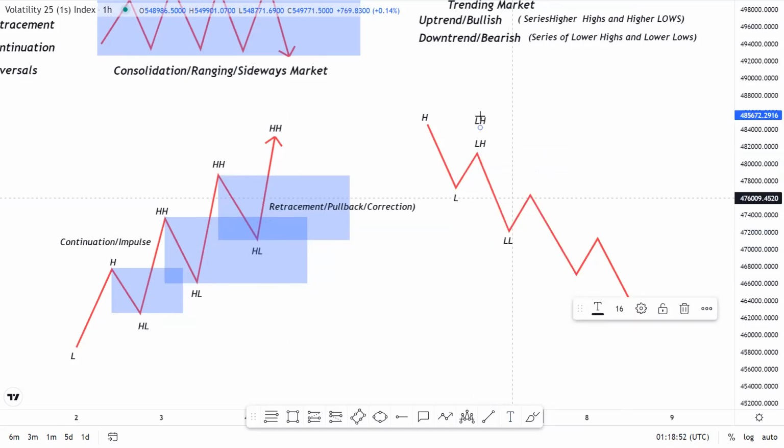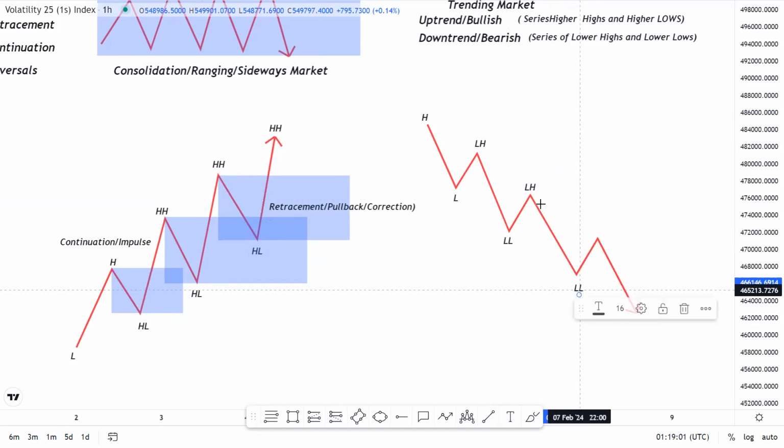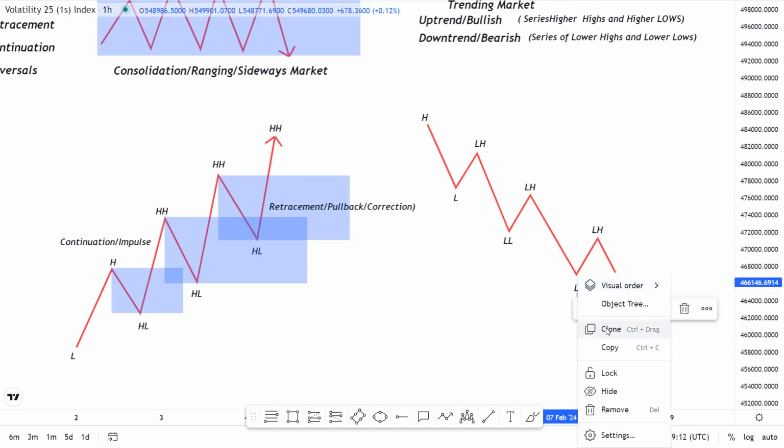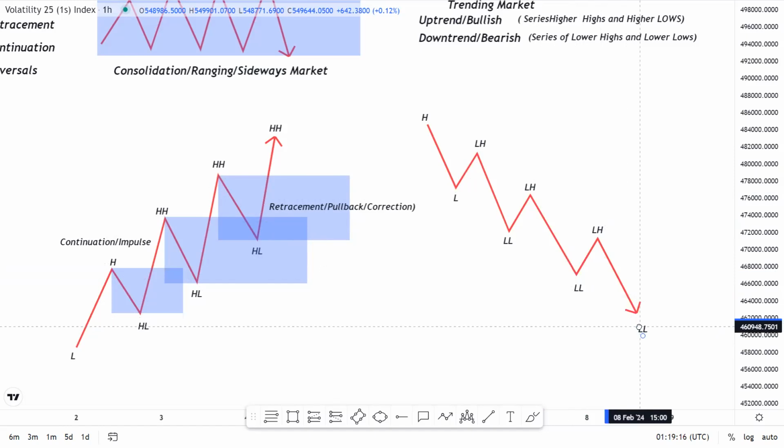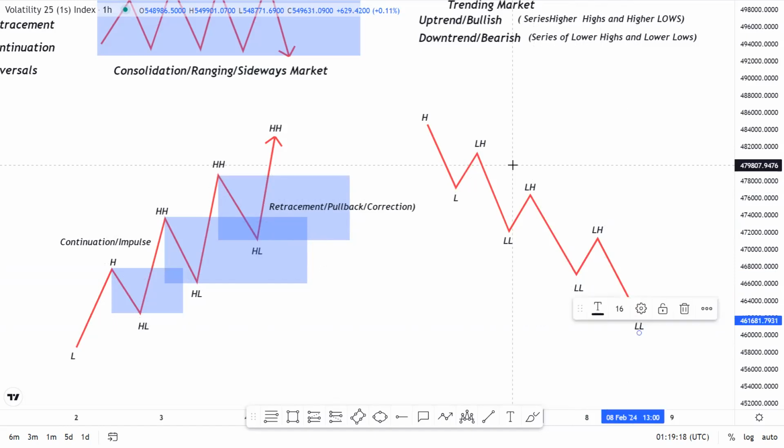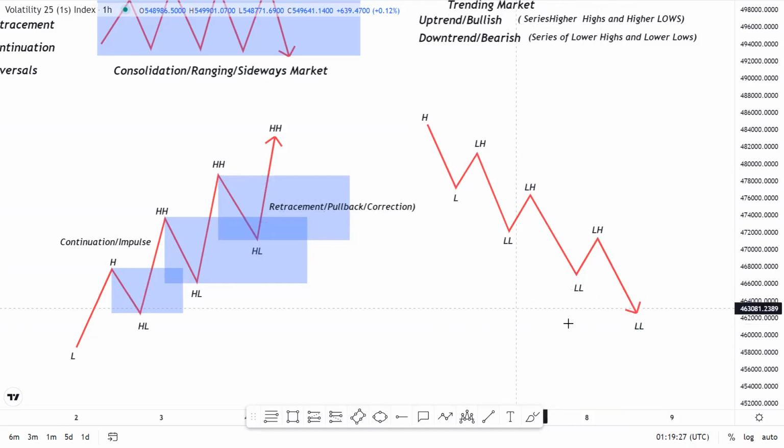And then we tend to see this continue for a downtrending market. Now, very clearly, this is a downtrending market, owing to the fact that we see the market give us a series of lower highs and lower lows, which is a characteristic of a downtrending market, telling us the market is clearly headed to the downside.